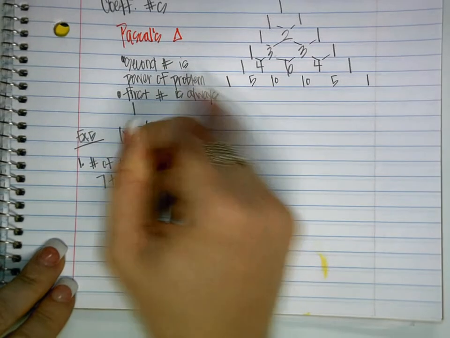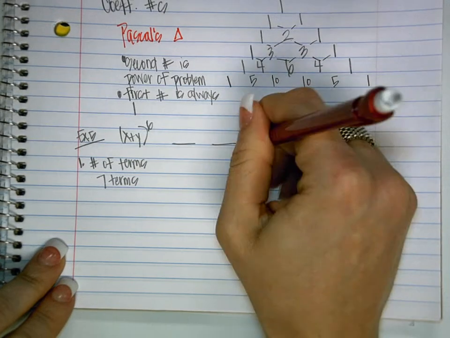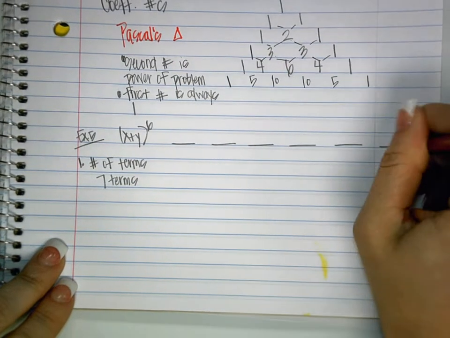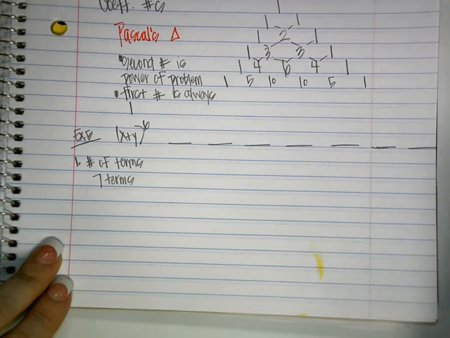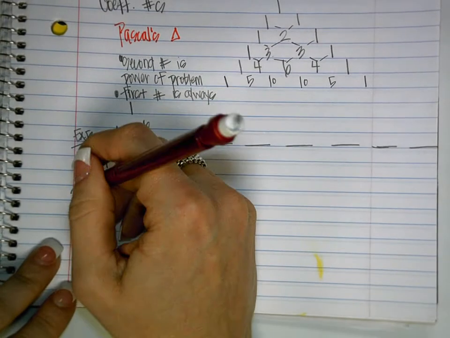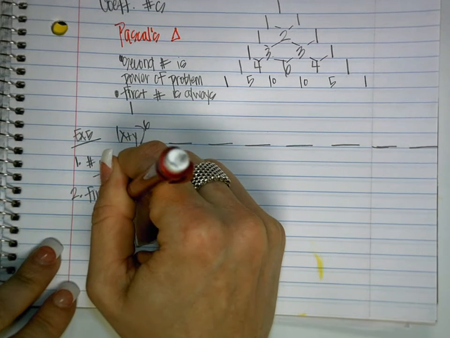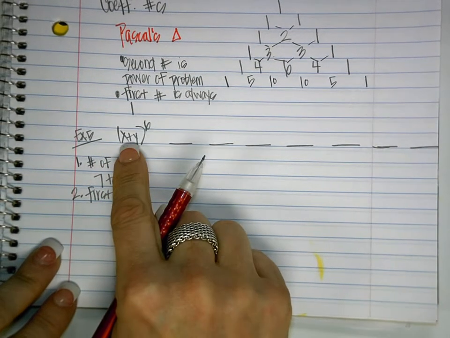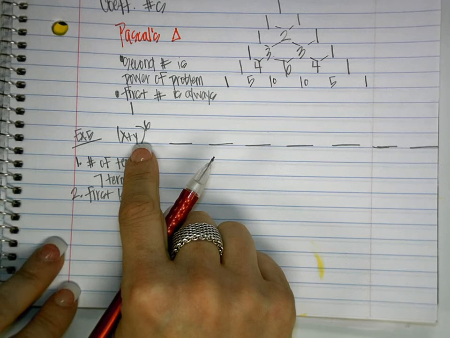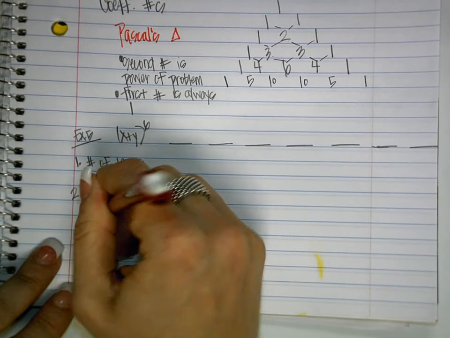However many terms there are, you're going to put that many spaces. So I'm going to put 1, 2, 3, 4, 5, 6, 7. We'll try to write small. Step 2 is you want to put in your first letter. What is the exponent doing on the first letter? The exponent number is decreasing.